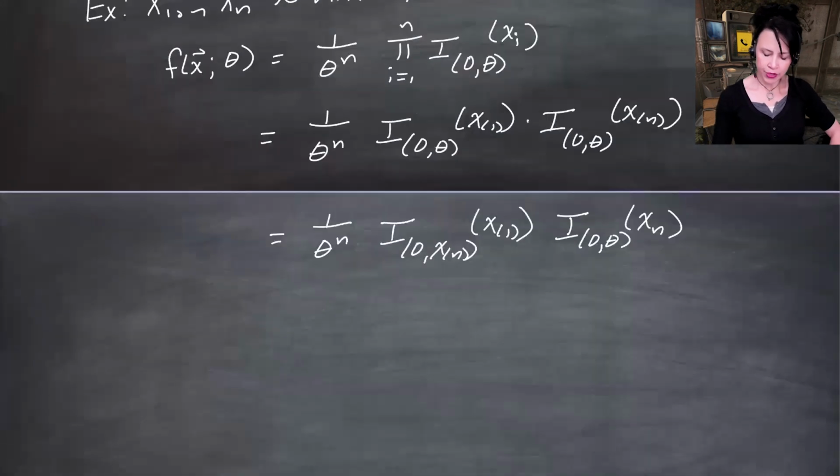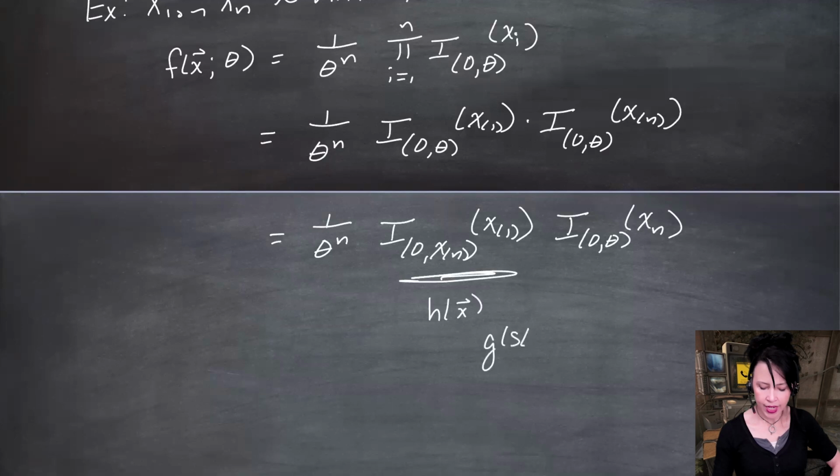And so by the factorization criterion, we have the pure x stuff, which is the h of x, and the rest of it is the g of S of x. And we go in and we find how the data is represented, and it's represented through a maximum. This should have parentheses on that.